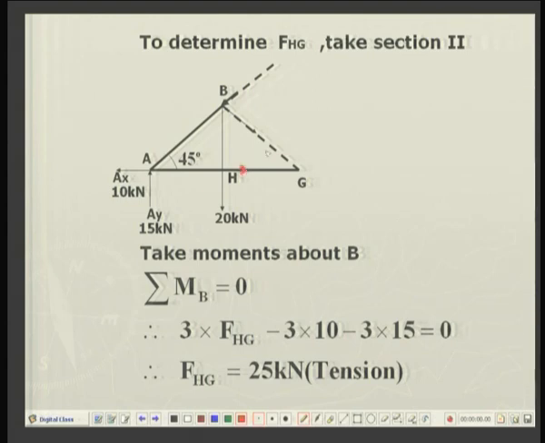And hence we can find out FHG is equal to 25 kilonewton tensile load. Okay. So, in this way all the 3 forces in 3 members have been determined in just 3 steps by taking 2 cuts.